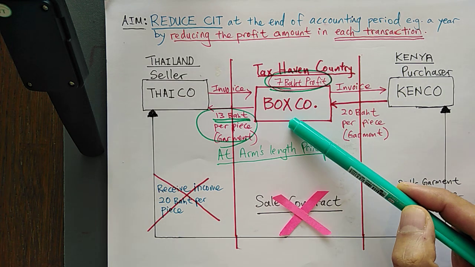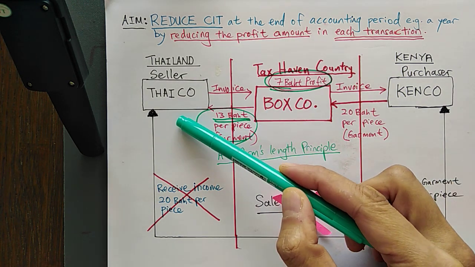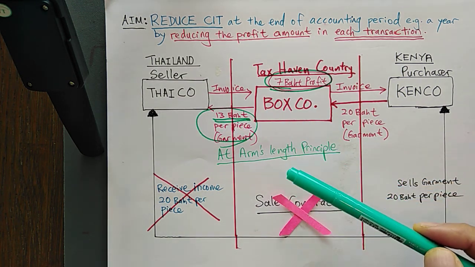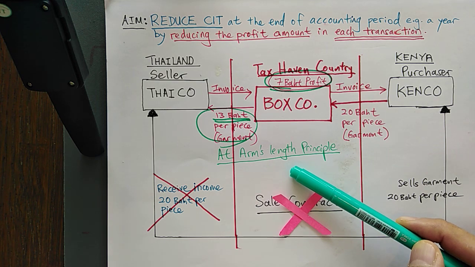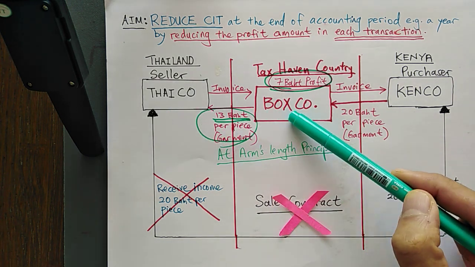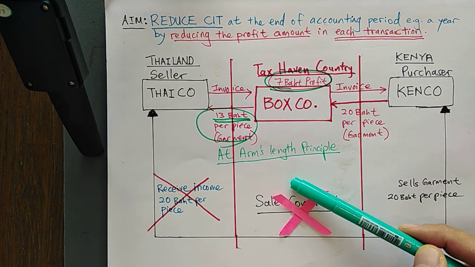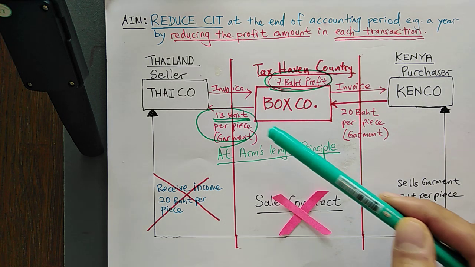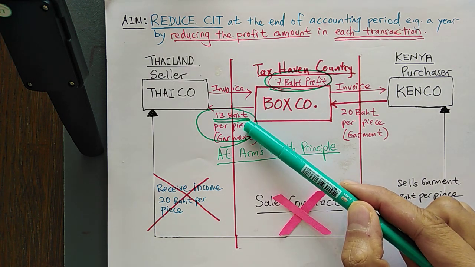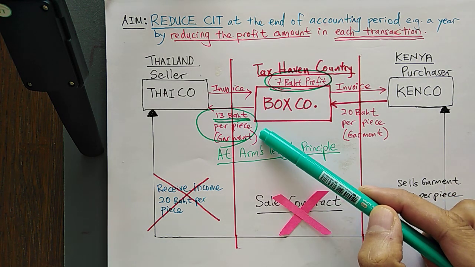If they are not related, these two companies, Taiko and Boxco, are at arm's length. If they are related, then they are not at arm's length, which also means that this 13 baht is not the real purchase price.